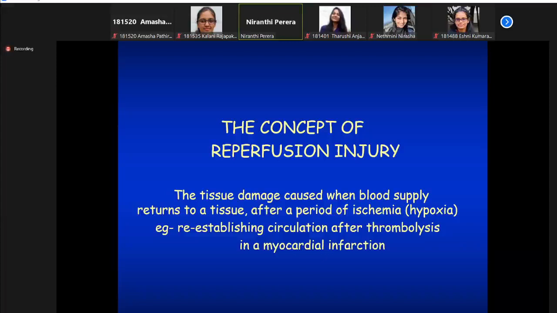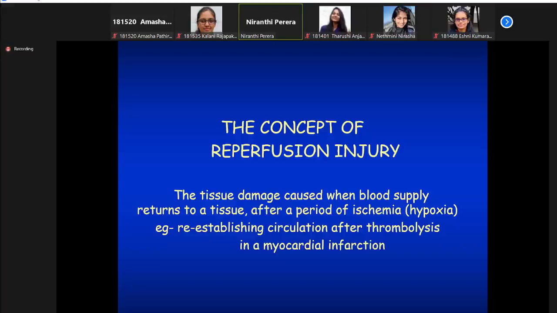Choosing which patients you thrombolize and which you determine not to thrombolize is a very important clinical diagnostic decision. Because if you thrombolize the wrong patient, you run the risk of increasing the size of the myocardial infarction, because reperfusion itself can cause further injury to the myocardium. So reperfusion injury is something very important.